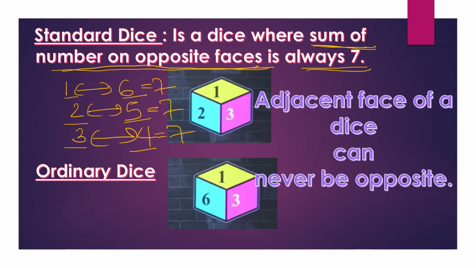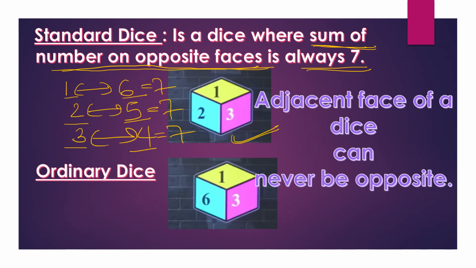So when the sum of the numbers on opposite faces is 7, it is called a standard dice. As shown in the picture, this is an example of a standard dice, because when the numbers on the opposite faces are added, the result is 7.